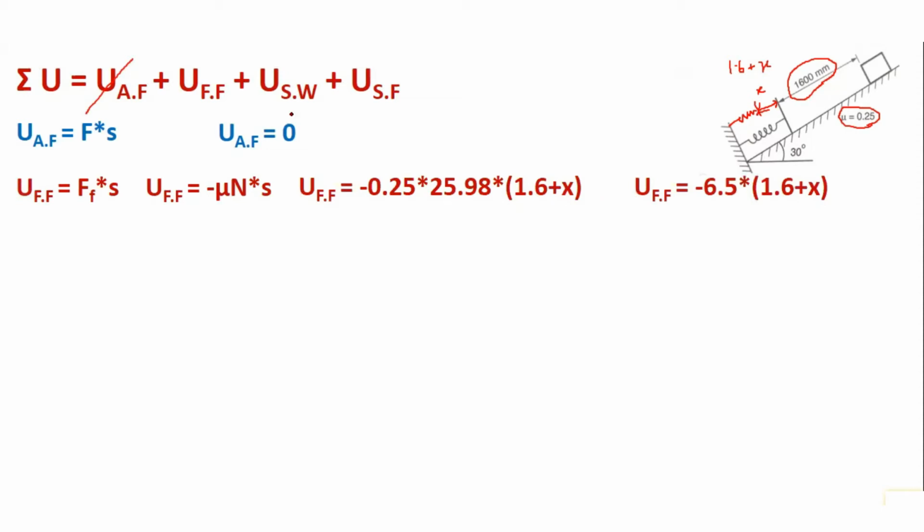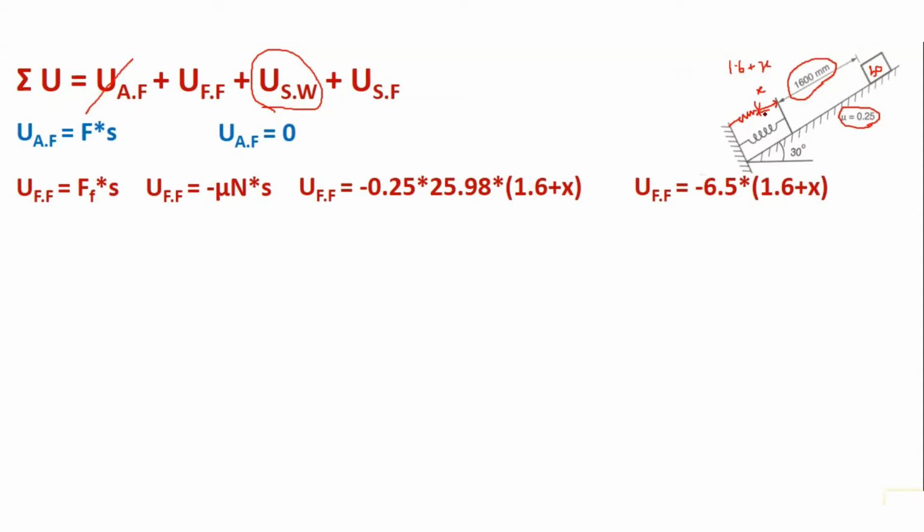Now let us consider work done due to self weight. For self weight, we have the relation mgh. Mass into g is directly given to us as 30 Newton. Now regarding h, what is h? As I said, h is the vertical displacement of the block. We don't need the inclined distance.